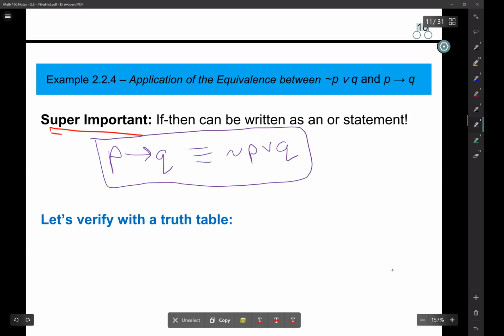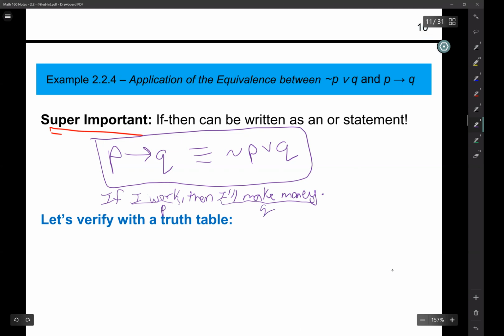It's kind of hard to think about, and language is kind of rough to work with, but say I have something like this: if I work, then I'll make money. Say that's my statement here. So this is P and this is Q. That's the first side, the conditional.